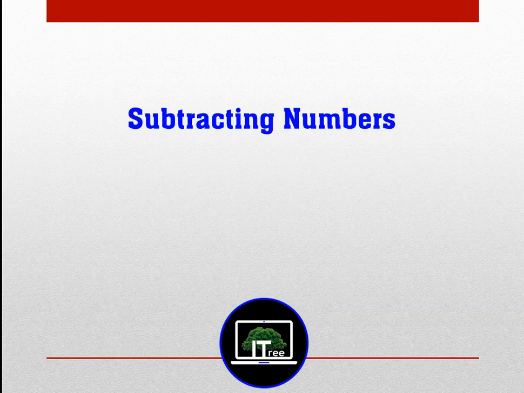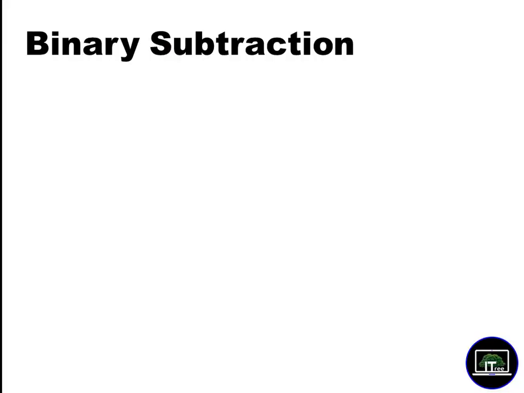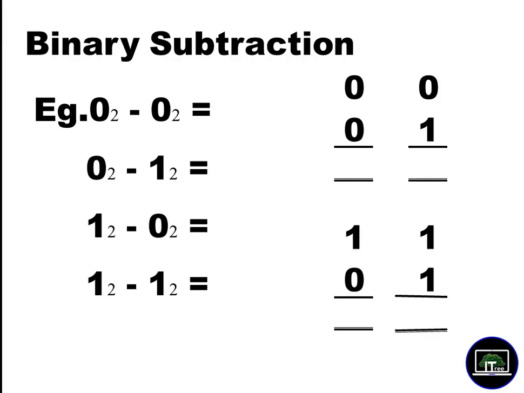Subtracting. How do you deduct a number from another number? 0 minus 0 is 0. Next one is very special. 0 minus 1. What is the answer? Yes, it is negative 1.